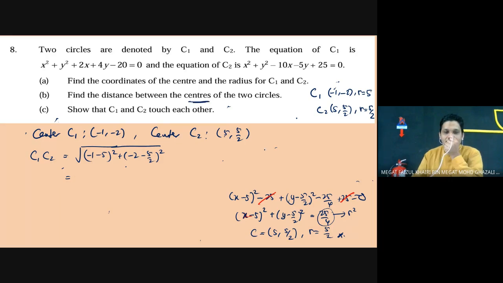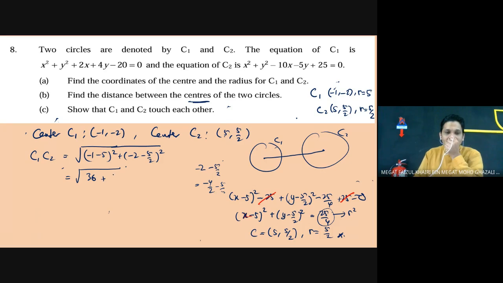So let's say this is the center for C1 and this is the center of C2. So the distance is here now (negative 6) squared, which is 36, plus negative 2 minus 5 over 2, which is negative 4 over 2 minus 5 over 2, negative 9 over 2, squared, 81 over 4.